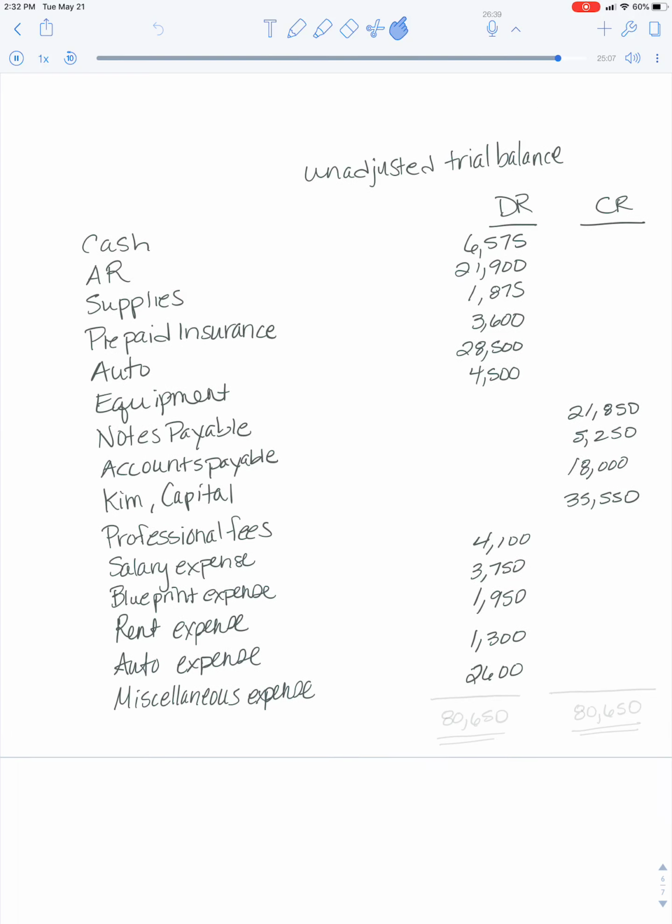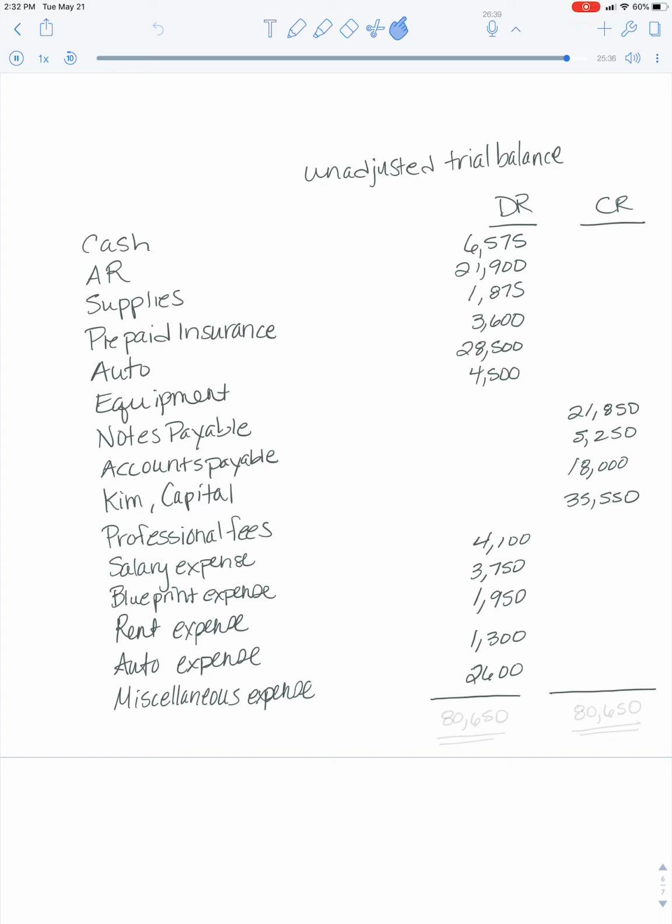Okay, so at this point where you've got all of your balances, and you've got them on either the left or the right, depending on how they worked out, now you're going to add them all up. So you add all your debits together, and you add all your credits together. And if you made sure that when you debited an account on the left, you also credited another account for the same amount, then these amounts should be the same on each side.